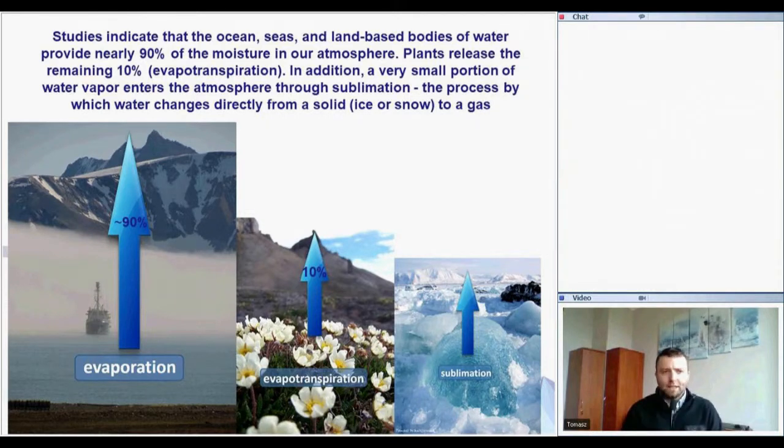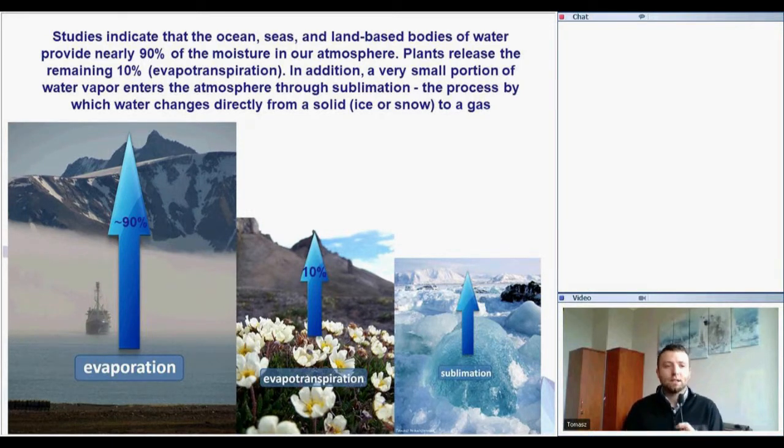I found some studies that calculated how much water comes from evaporation, evapotranspiration, and sublimation. So the ocean, seas, and land-based bodies of water provide nearly 90% of moisture in our atmosphere. Plants also, let's say, breathe. During this process of transpiration, they release the remaining 10% of water vapor.